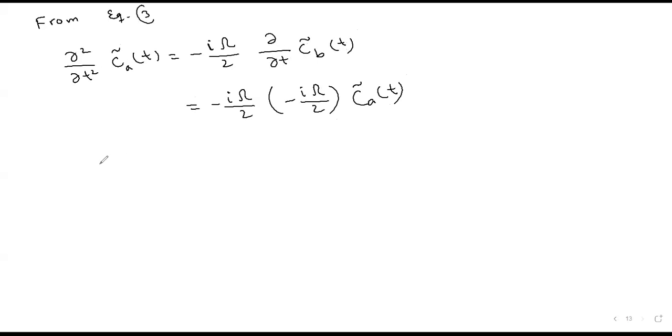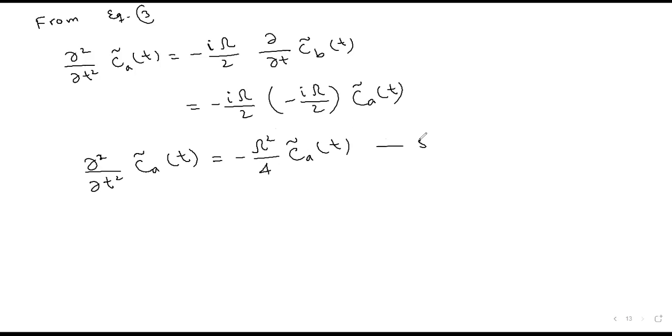So that is partial square by partial t square Ca equals minus omega square by 4 Ca(t). This is equation number 5.